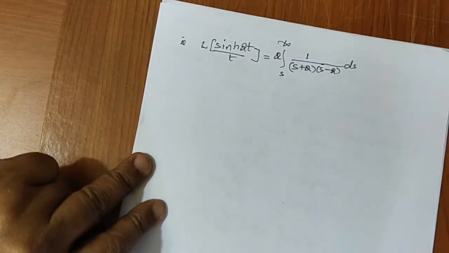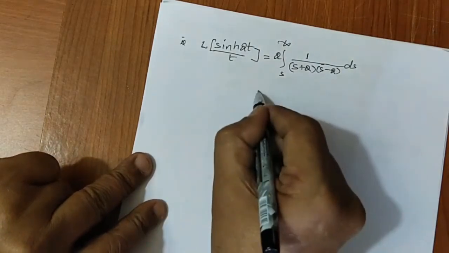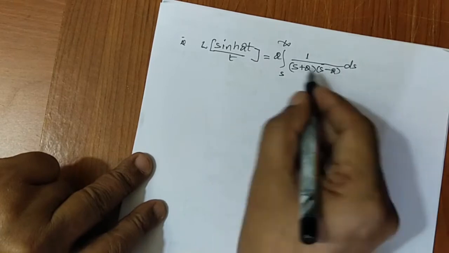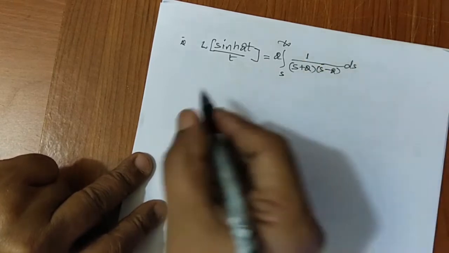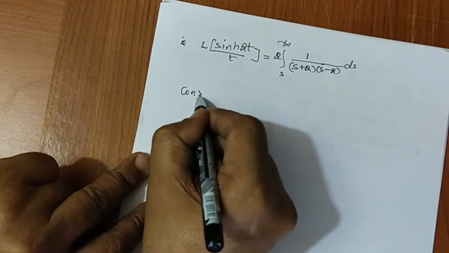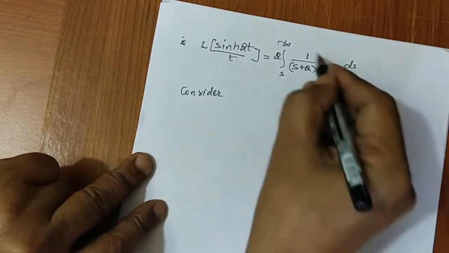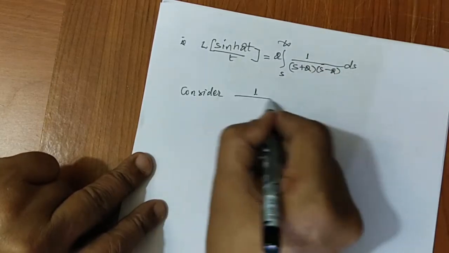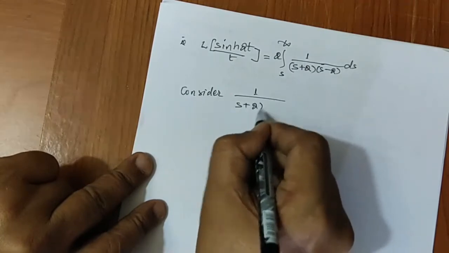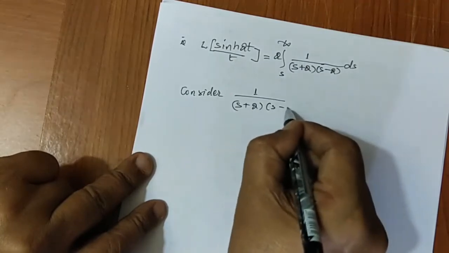Right? So what I will do is consider this separately, because I have to resolve this into partial fractions, 1 over s plus 2 into s minus 2.